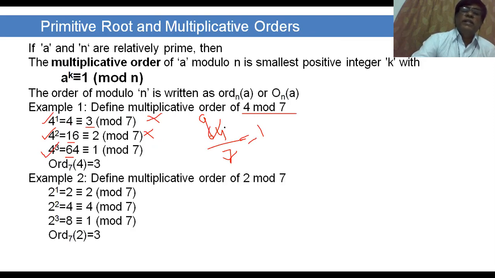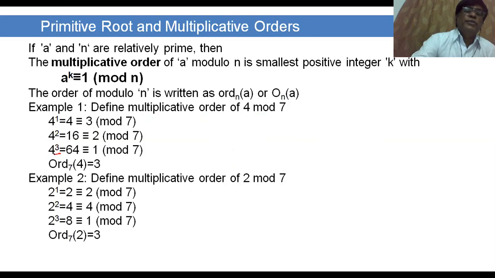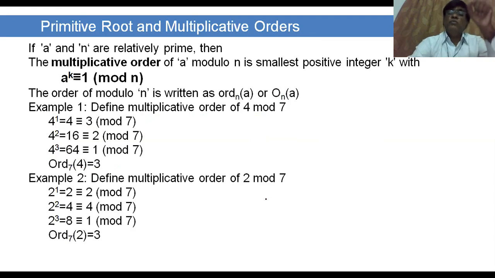So 4 cubed gives the congruence 1. That's why the order of 4 modulo 7 is 3.